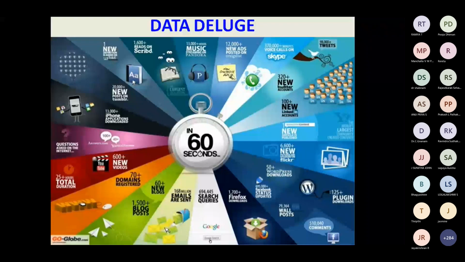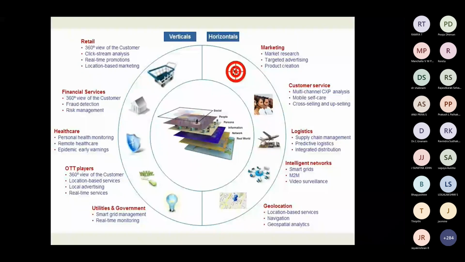It is collected almost every second; in 60 seconds a huge amount of data is generated, every new thing is enrolled, and it is dumped into the data sets. The data does not come only from particular sites.